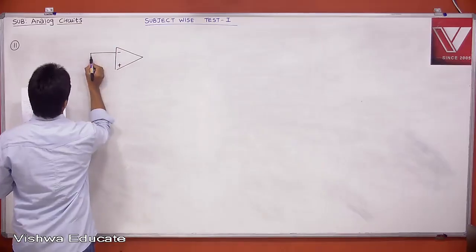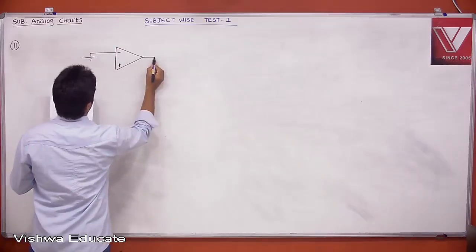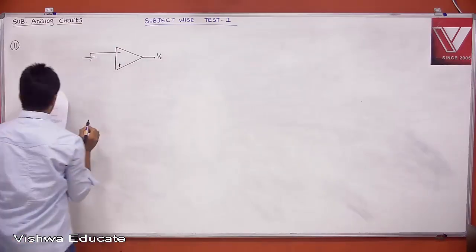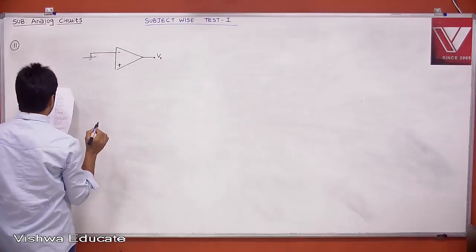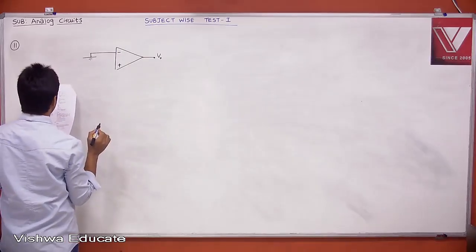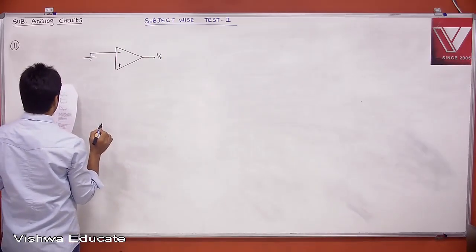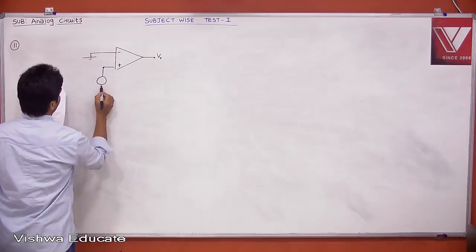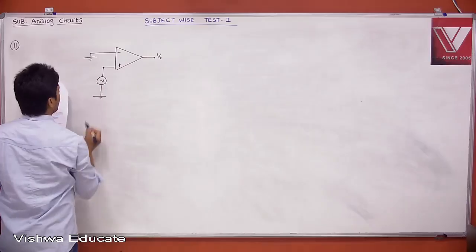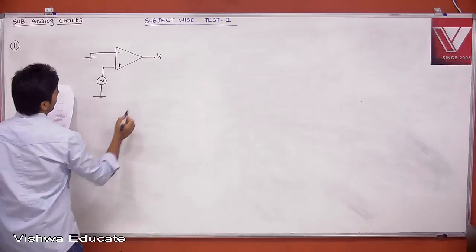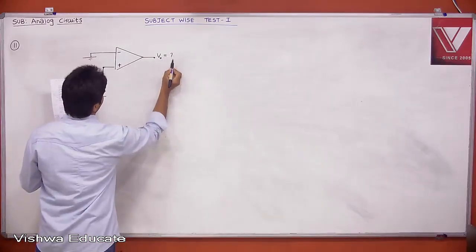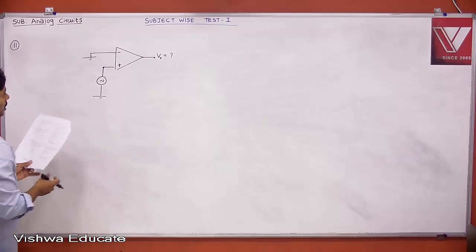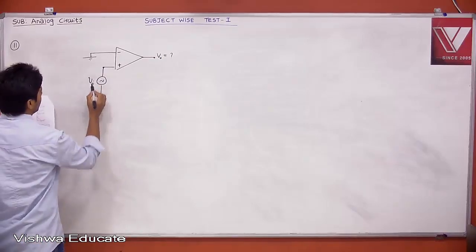This is connected to ground, and a sinusoidal voltage is applied to the other input. Here a sine wave is connected, let us say. Then the output of the comparator will be straightforward. This is your input, let us say.